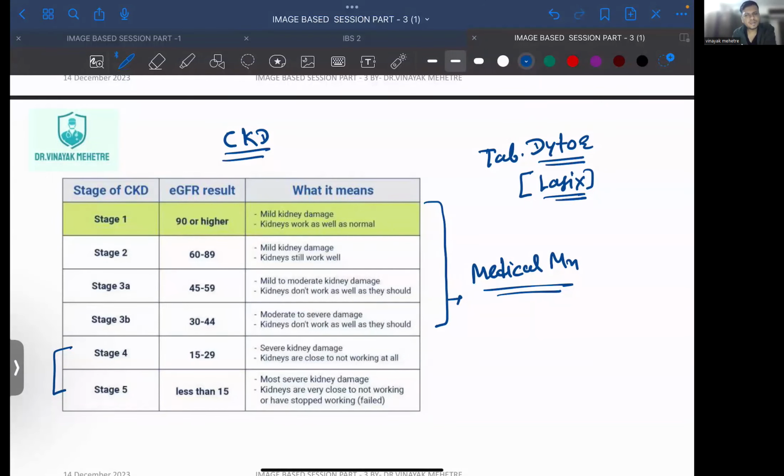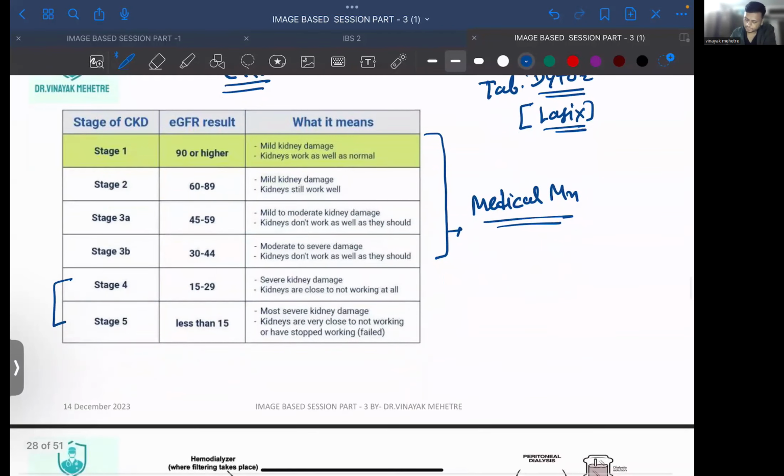Reason, to have an output from the kidney. But grade 4 or grade 5, we cannot use it, patient needs dialysis.